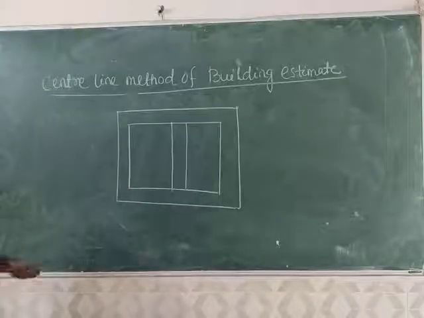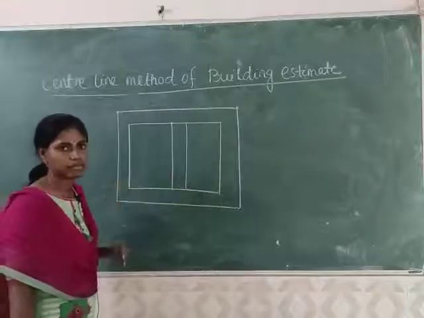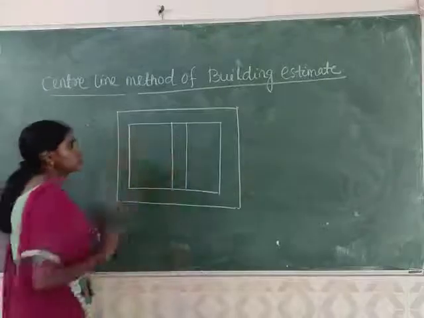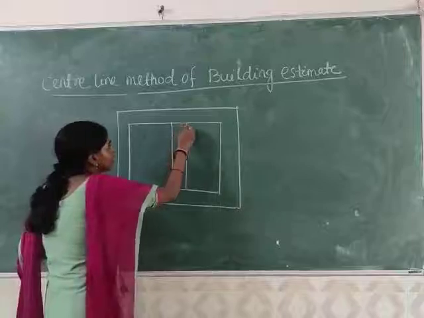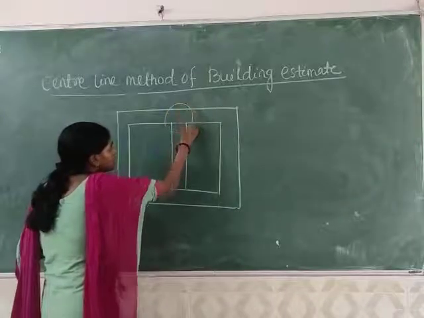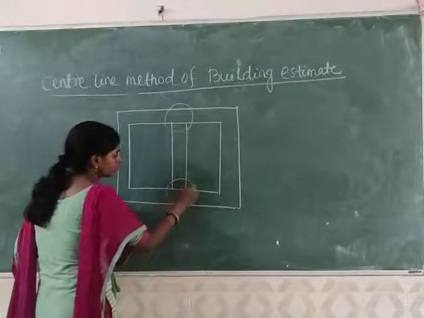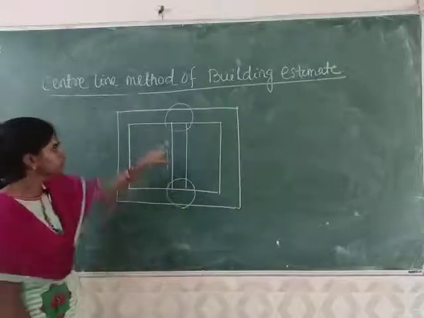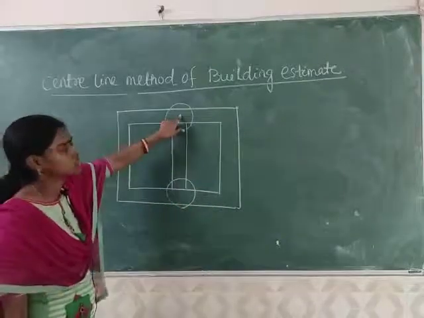This is a 2-room building plan and this one is the cross wall. Mark here, these are two junction points, because here the cross wall will meet the main wall.